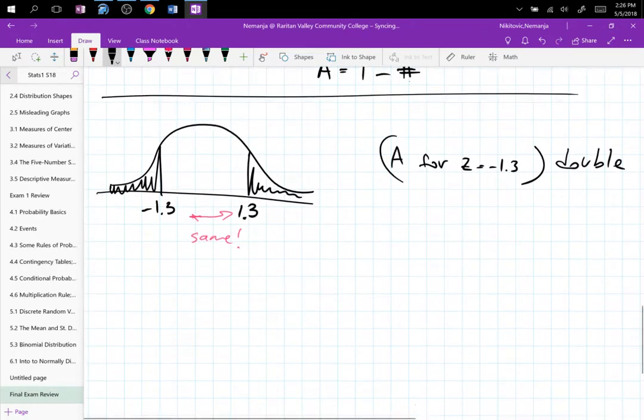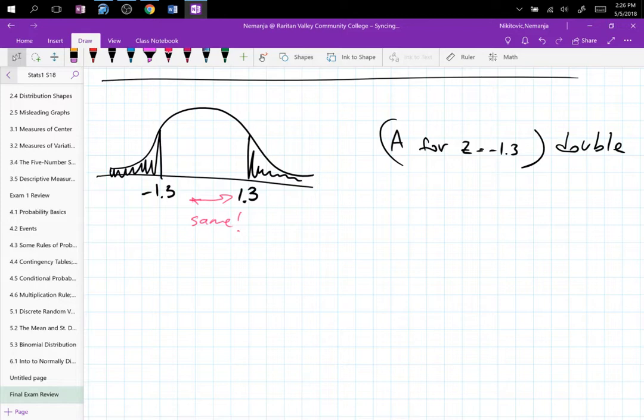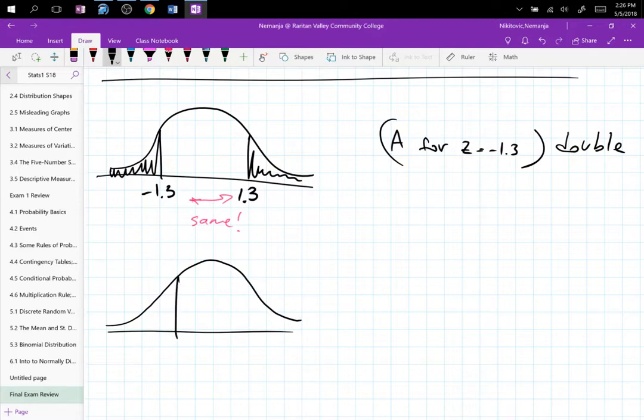Now the next example is the one where we get to deal with the subtraction, because in this example, I have stuff over here in the middle, and I have Z1 and I have Z2. This is going to turn into area 1 and area 2, and then you subtract bigger minus smaller.